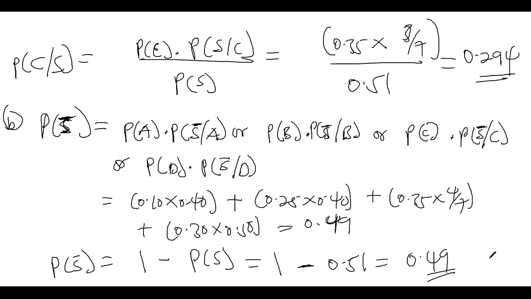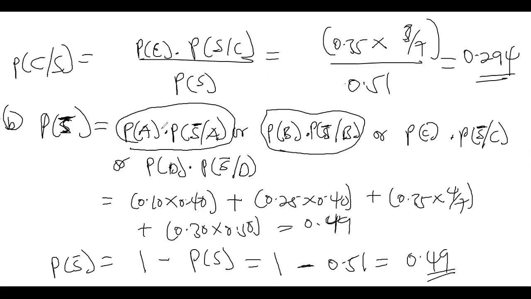Now the question says that if they have not improved the share price, what's the probability that it is not a 3-star? It can be that they have not improved the share price and it is a 5-star, so this can be a numerator, or this can also be a numerator, because if we say not 3-star, it can be a 5-star, 4-star, or 2-star.